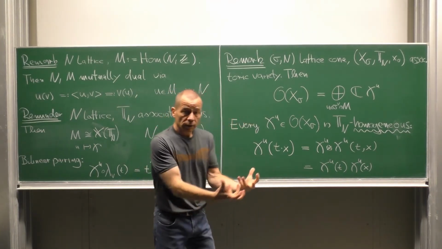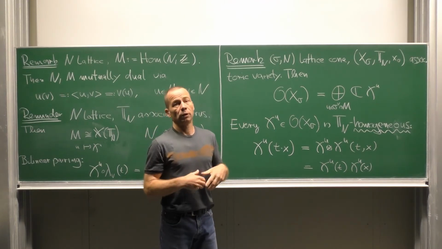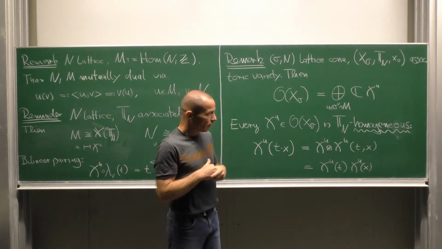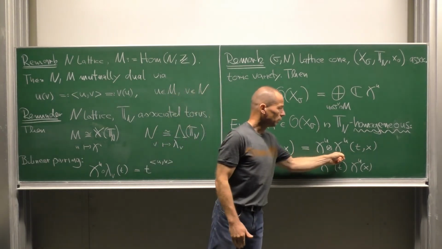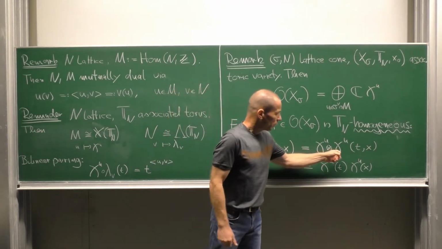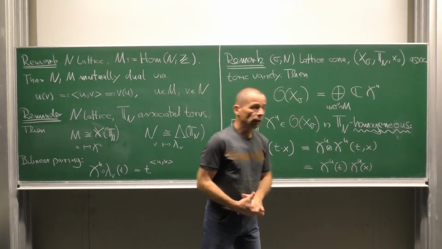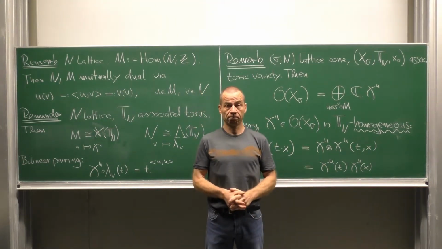This here is just the pullback of the character with respect to the action map. The action map was defined via its comorphism sending chi u to chi u tensor chi u. So we have to apply chi u tensor chi u to the pair (t, x), and the result is exactly what we have.